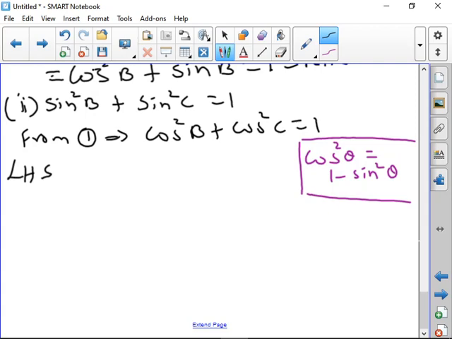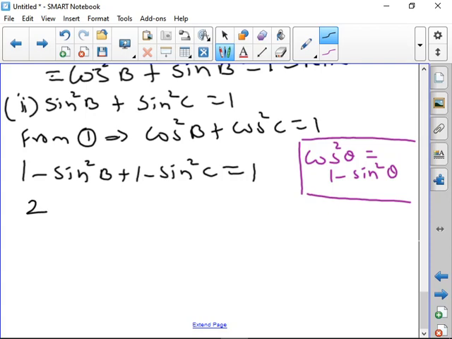We take both sides as they are, since we can prove it that way. So what you will get? 1 minus sin square B plus 1 minus sin square C is equal to 1. So take the sin terms to the other side.